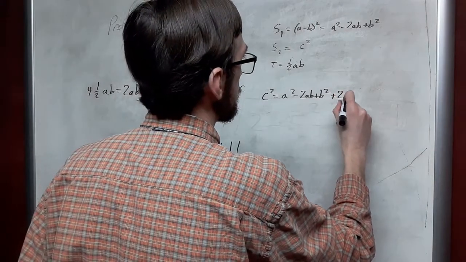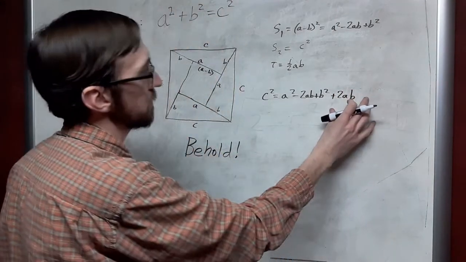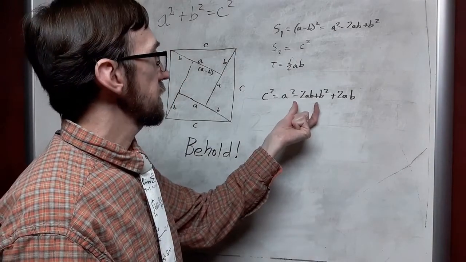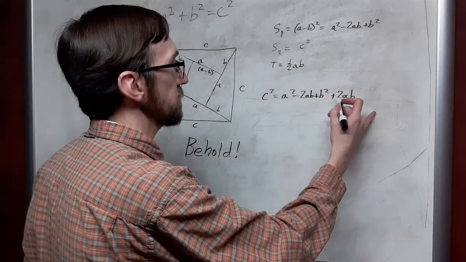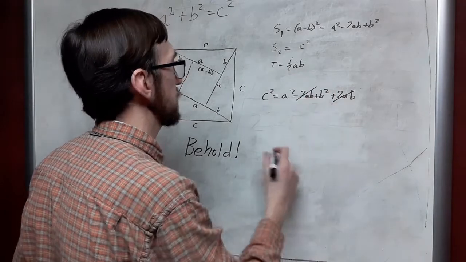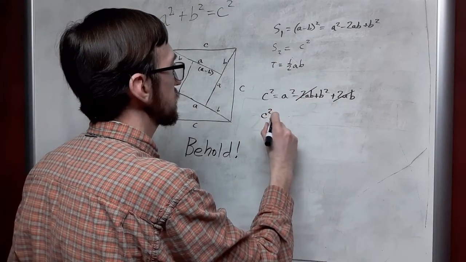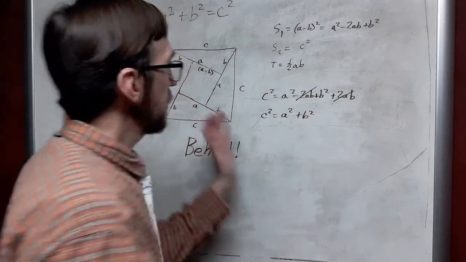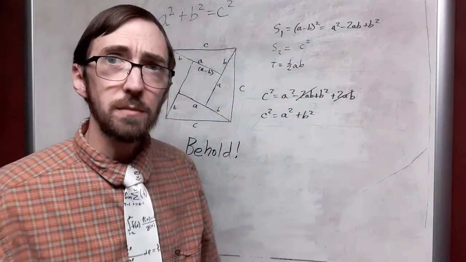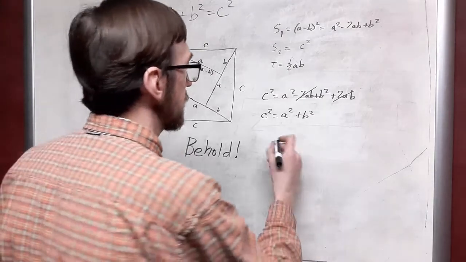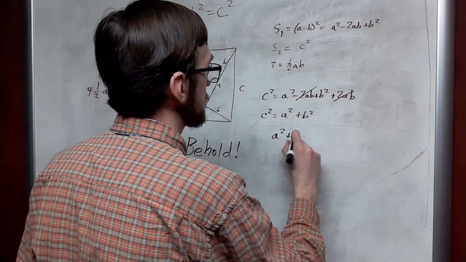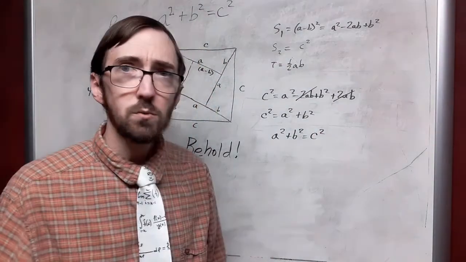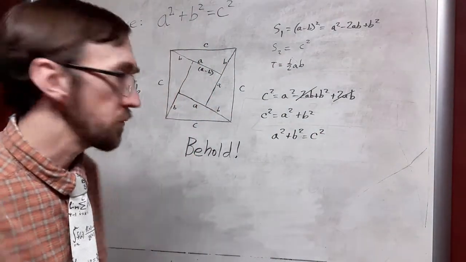So I can add 2AB in here, and this is all of the triangles together. We now notice that I have a negative 2AB here and a positive 2AB here, so these are canceling, leaving us c squared equals a squared plus b squared. We can just flip this around by the symmetric property of equality and have that a squared plus b squared equals c squared, which is what we were to prove.